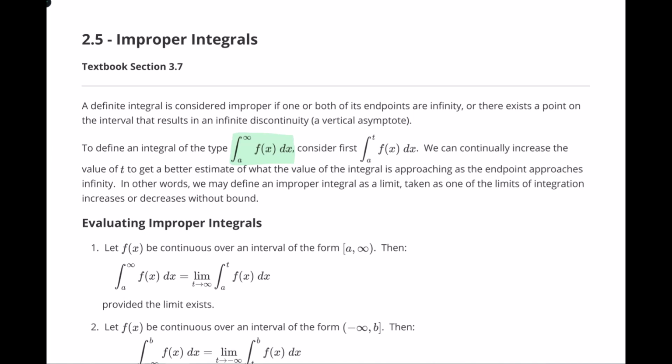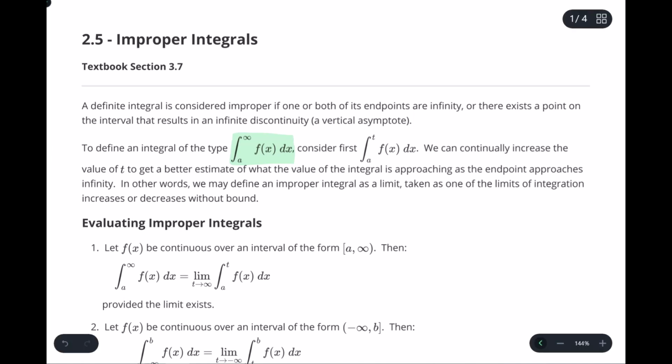You can't just plug infinity into a function and have it make any sense whatsoever. What you can do, however, is look at what the value of the function approaches as you let x get larger and larger and larger. And so that's the way we have to approach this as well.